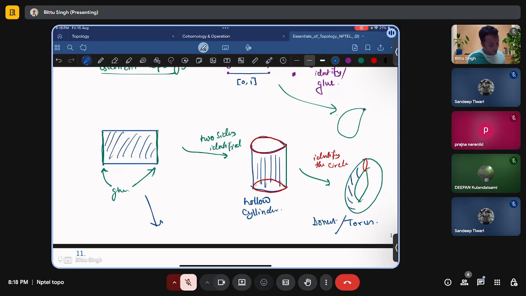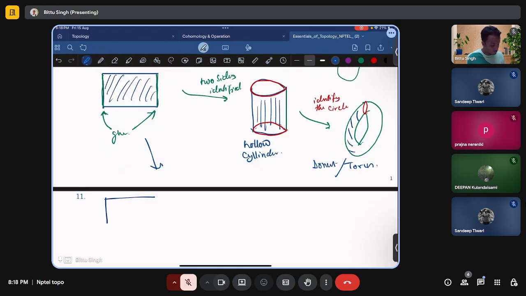There is also another way to identify. Again, we can identify those two sides, but now the rule is to identify this edge with this edge in an opposite manner. That is, this point will be identified to this, and similarly this point will be identified to this.